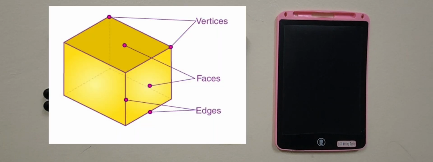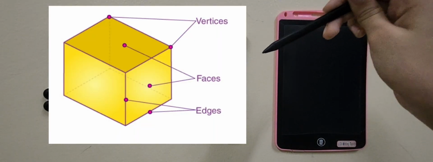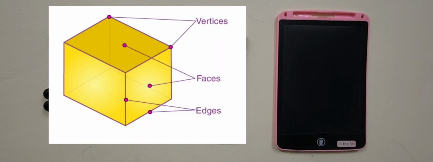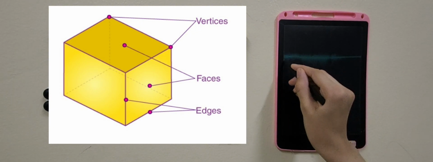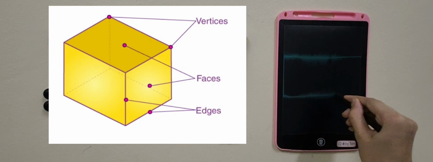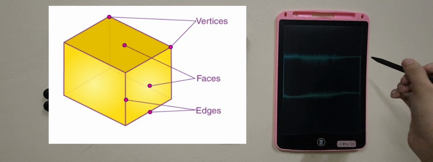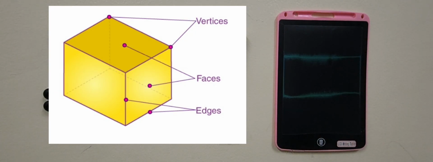Now I am going to show you all the parts of a cuboid. The picture is right here, and I'm also going to show you on my blackboard. If you don't understand my drawing, you can obviously look at the picture.